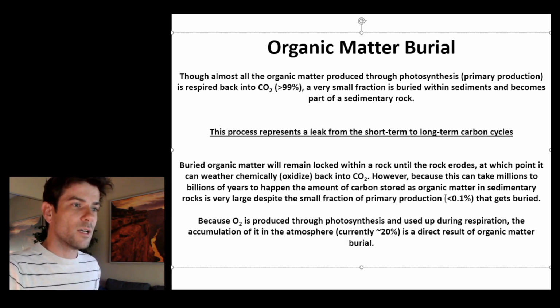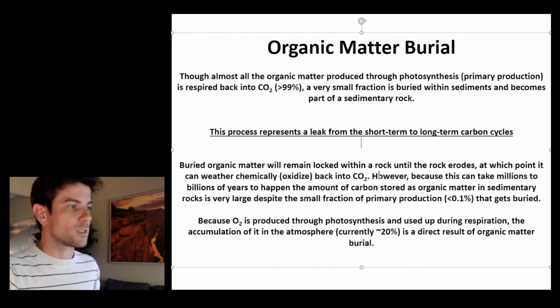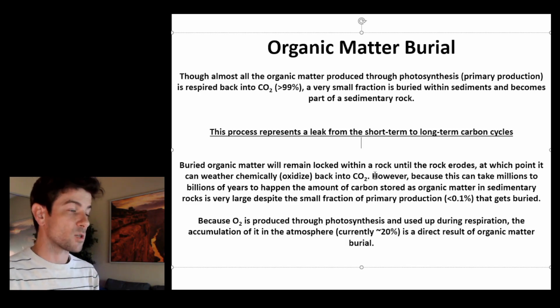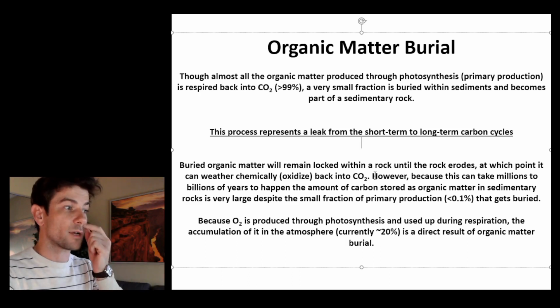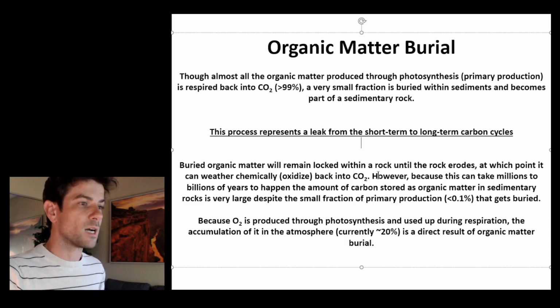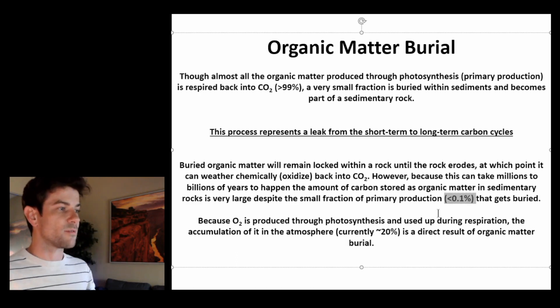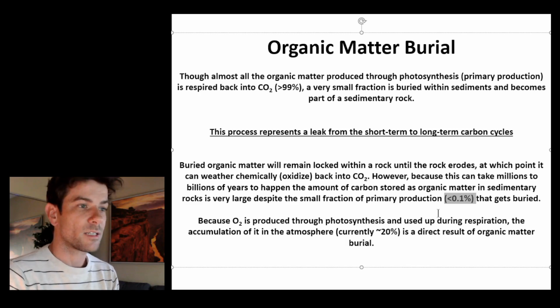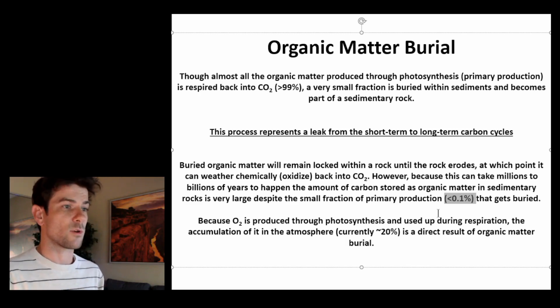Okay, and so this process takes a really long time, from burial to subsequent exposure and weathering, or conversion through volcanism. Can take a really long time. And so despite the fact that it's this very, very small fraction of total primary productivity that gets buried, it still represents an enormous reservoir, the sedimentary organic matter reservoir.